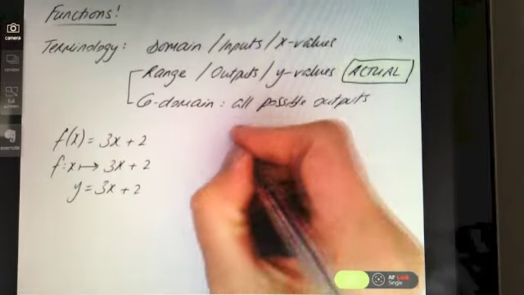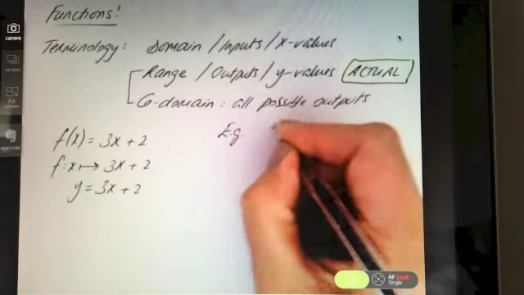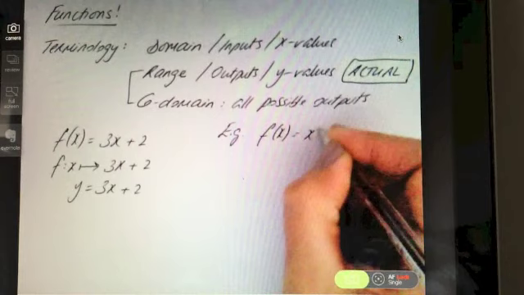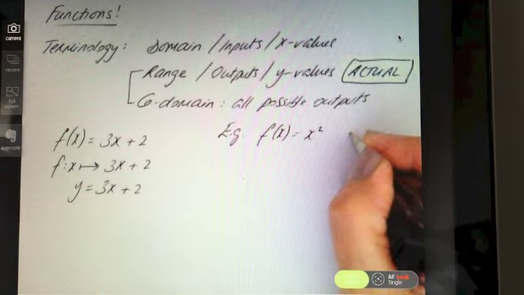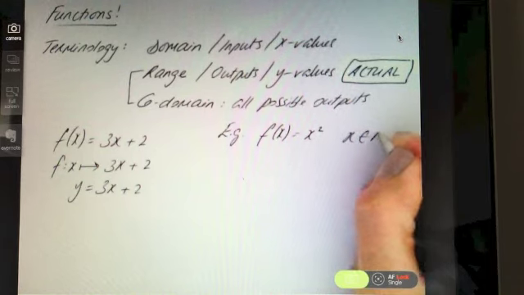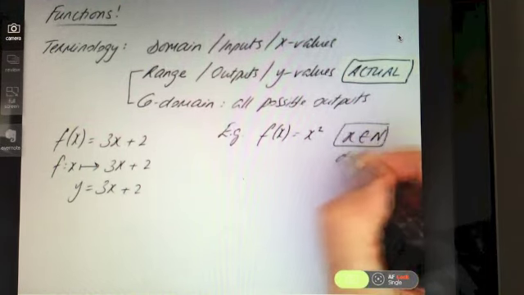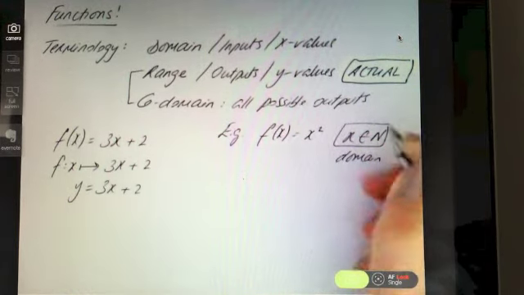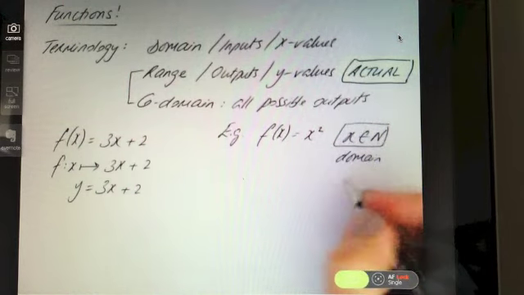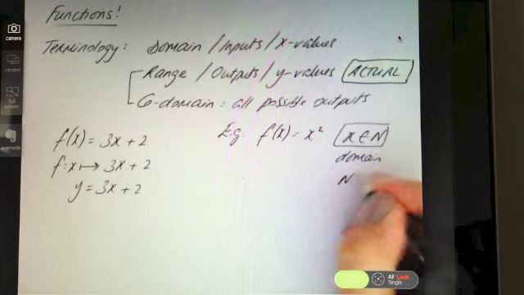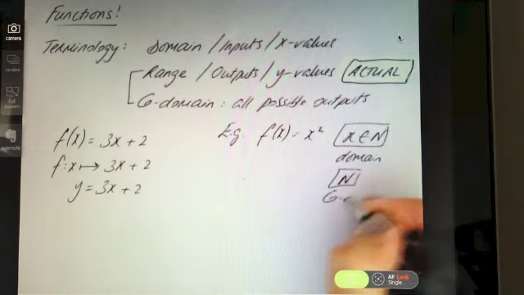So in other words, for the following example where f of x is equal to x squared, if we are stating that the inputs are an element of the natural numbers, in other words, the positive whole numbers, if that's our domain, then the codomain will also be, because it's being squared, a positive whole number. So you're going to have the natural numbers for the codomain as well.